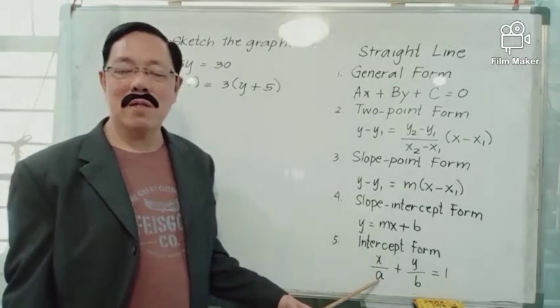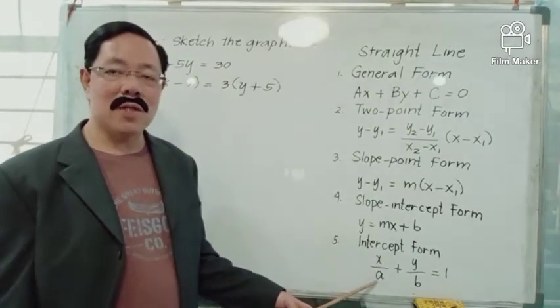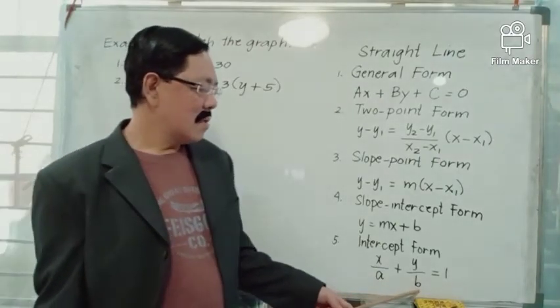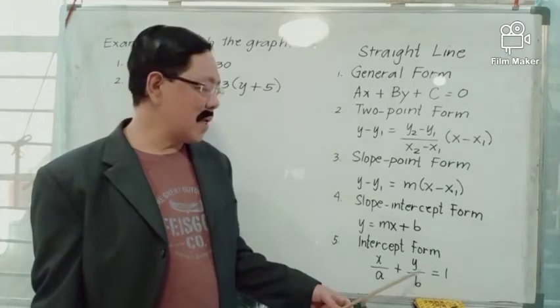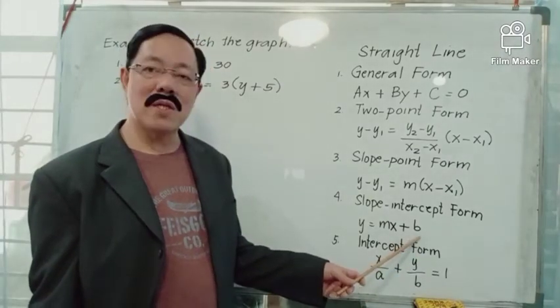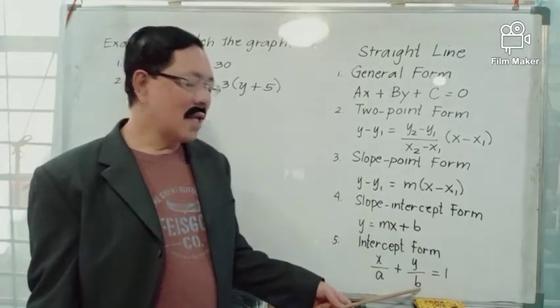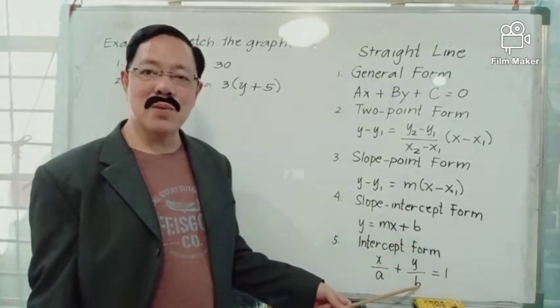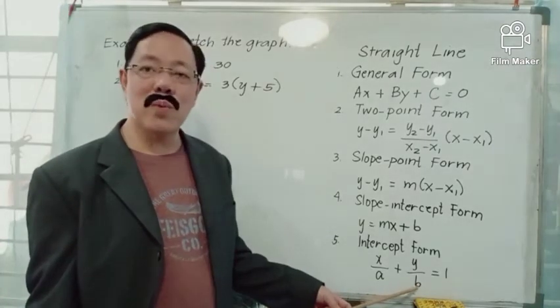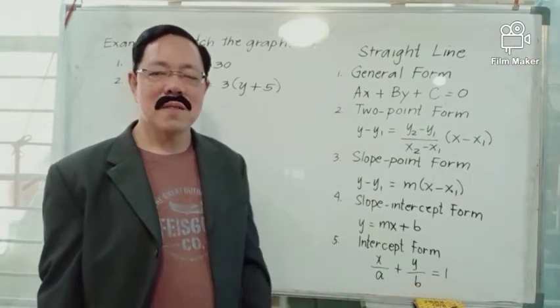It is a point on the x-axis, and the line will pass through this point on the x-axis. While small letter b, the denominator of y, is the y-intercept, as in the slope-intercept form, b is the y-intercept of the line. So the line will pass through the y-axis at this point, y equals b, on the y-axis.